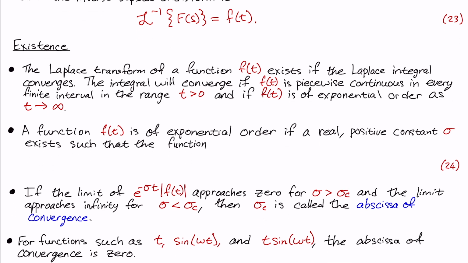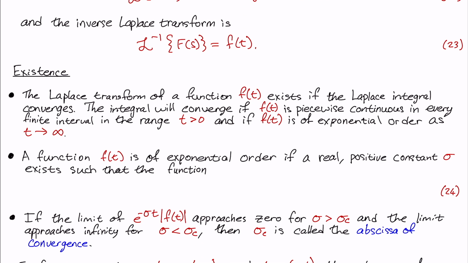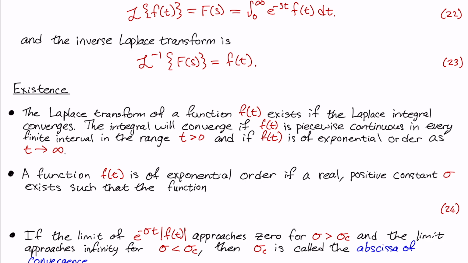Okay, so the Laplace transform of a function f(t) exists if the Laplace integral converges. That's that integral from 0 to infinity of e to the minus st times f(t). That integral is going to converge if our time function is piecewise continuous in every finite interval in the range of t greater than 0, and if f(t) is of what's known as exponential order.